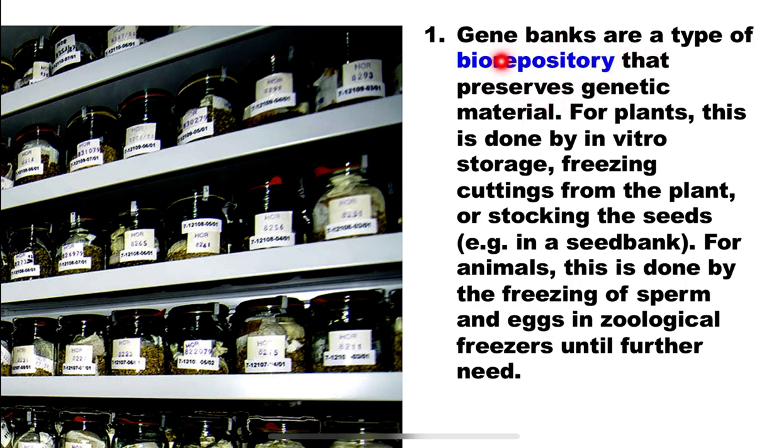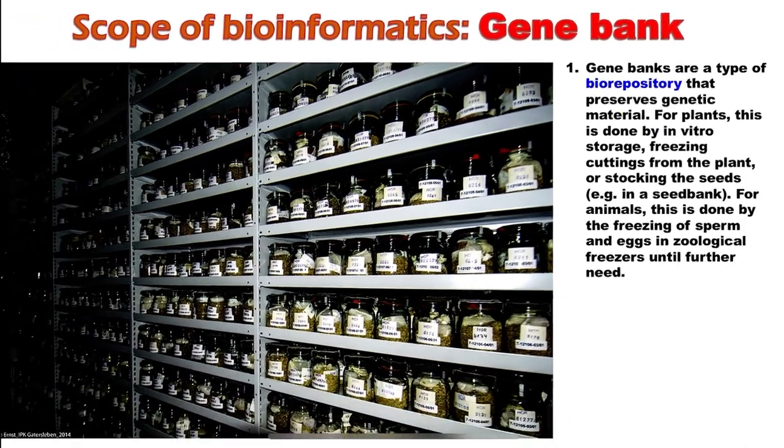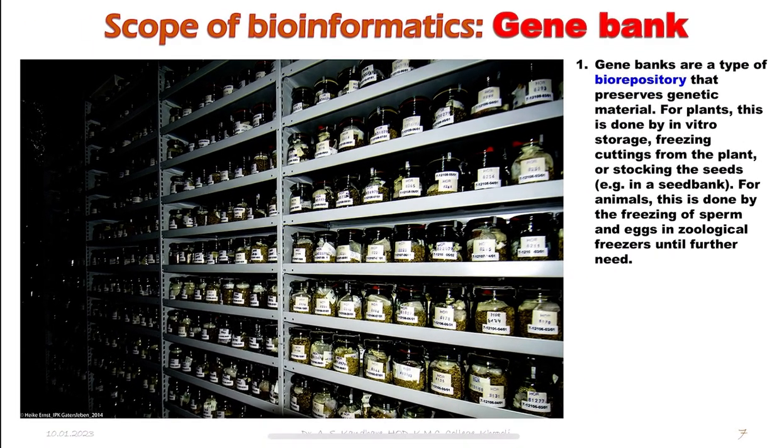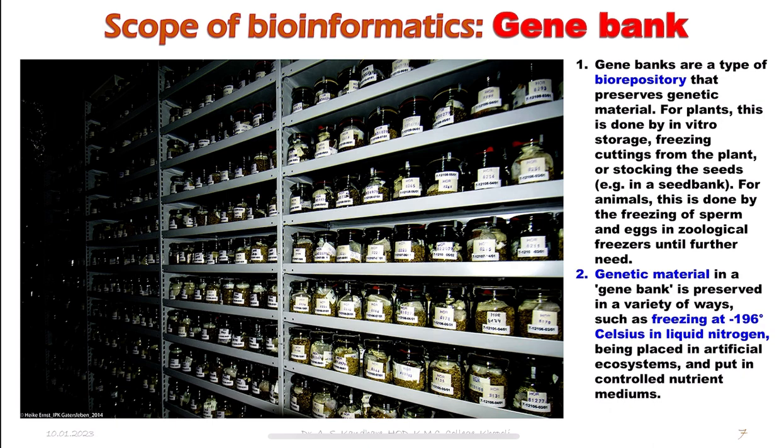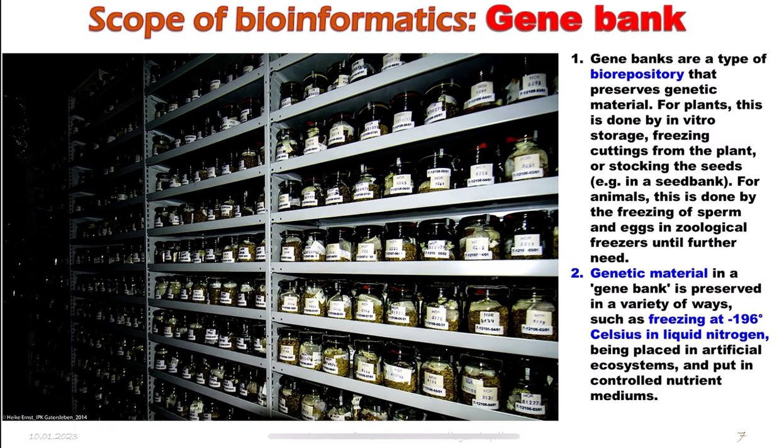So their germplasm or their genes can be preserved in the form of DNA or in the form of seeds or in the form of sperm or egg. So in this way, at proper temperature and proper condition, we can maintain such gene banks. Just as we have banks for money, similarly there is also a bank for genes. There we can deposit and preserve genetic material, isn't it?